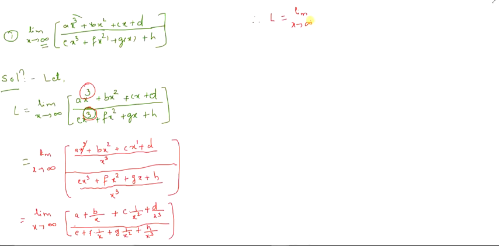But here we are going to take the limit directly, but before that I want to write the terms again. a plus b by x plus c by x square plus d by x cube upon e plus f by x plus g by x square and plus h by x cube.